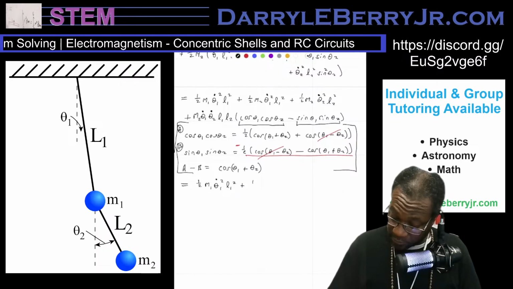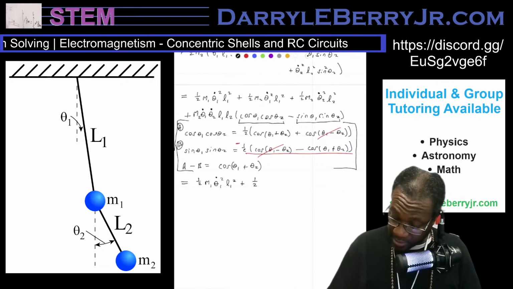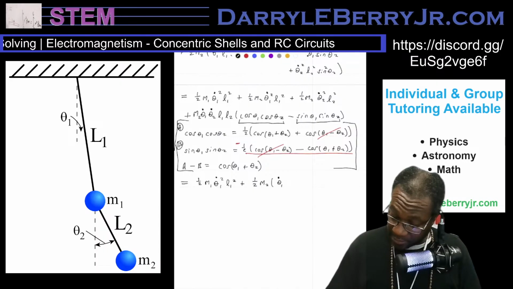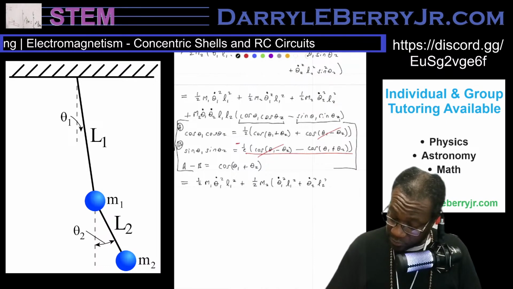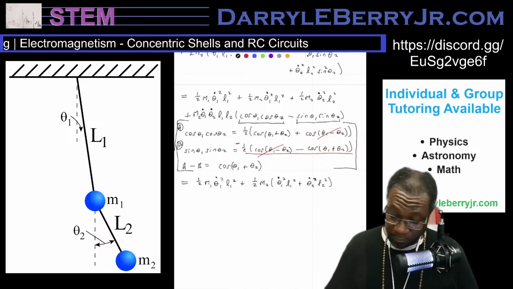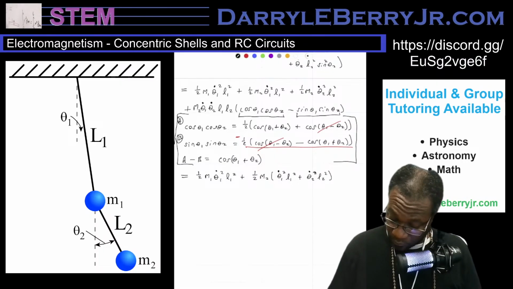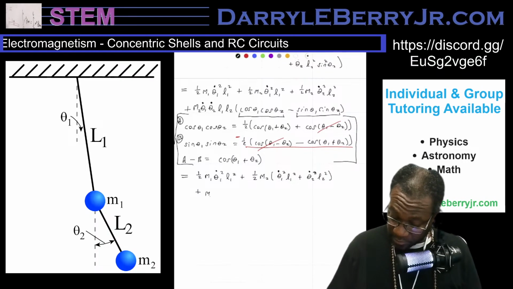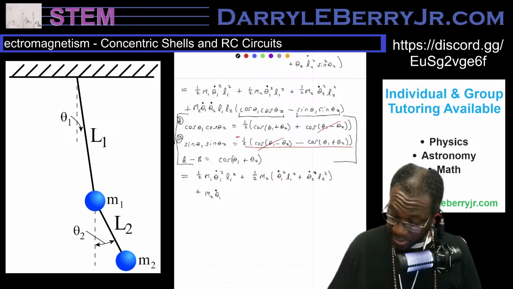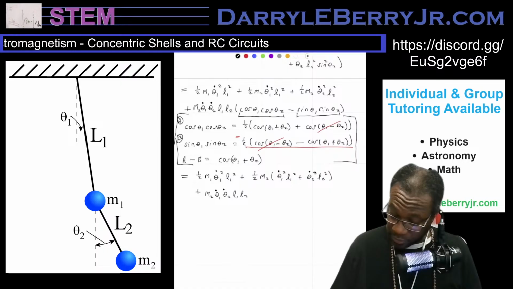Actually, we'll go 1 half 2 theta 1 dot squared L1 squared plus theta 2 dot squared L2 squared plus M2 theta 1 dot theta 2 dot L1 L2.